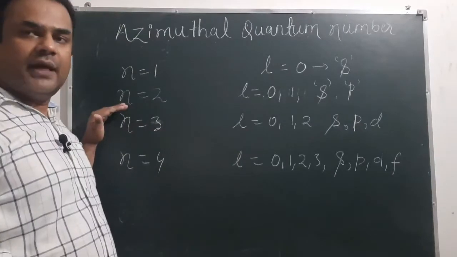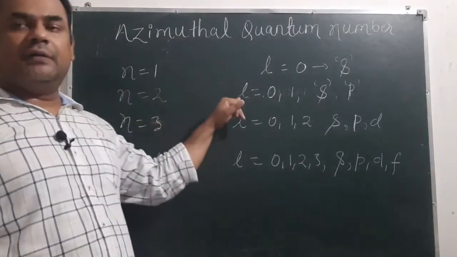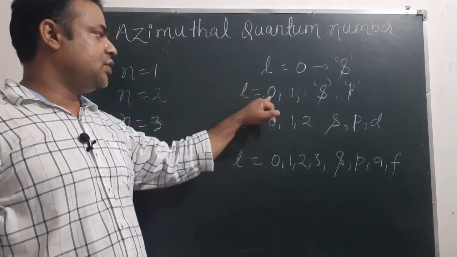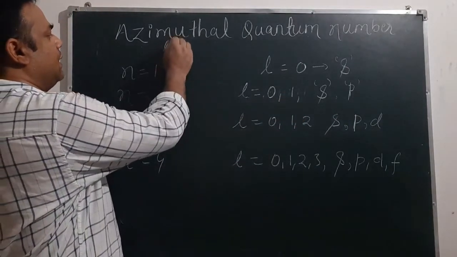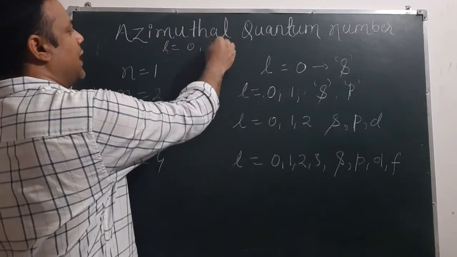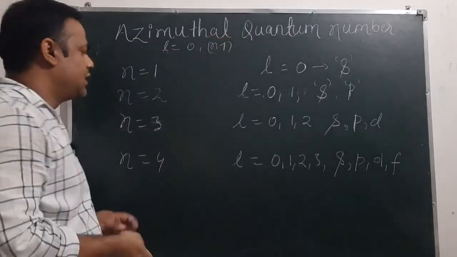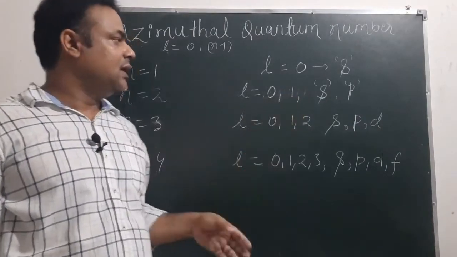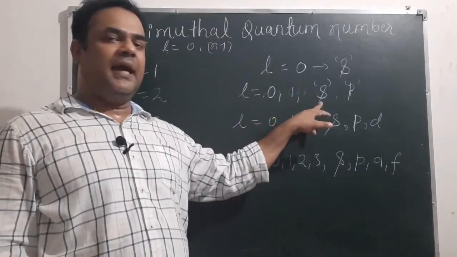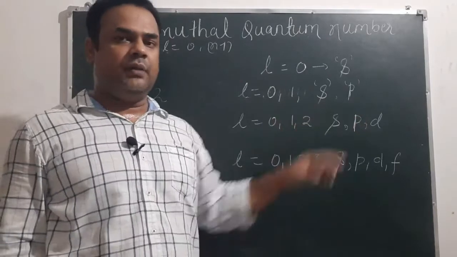If the value of n is 2, then there will be two values of l, that is 0 and 1, from the formula l equals 0 to n minus 1. For 0, the subshell will be s, and for 1, the subshell will be p.